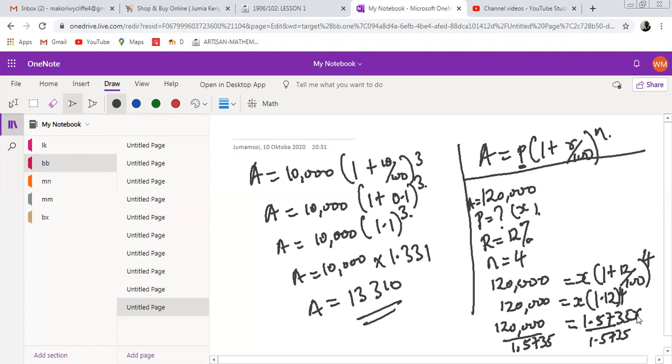So 120,000 divided by 1.5735 is going to be our x, and we realize that x is equal to 76,262.17. That is the principal, and you can get it like that.